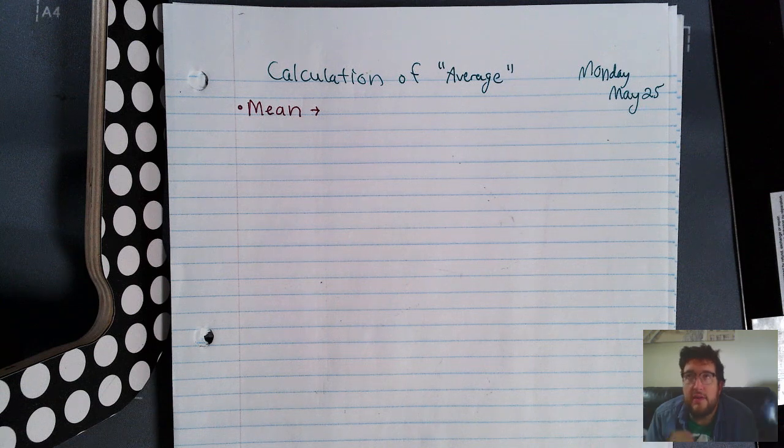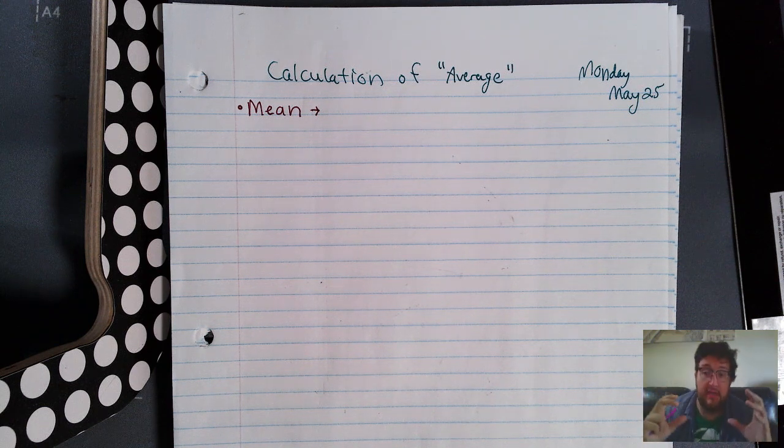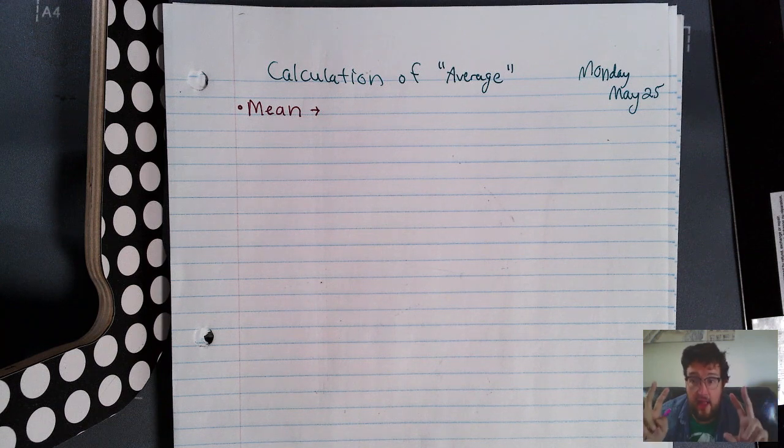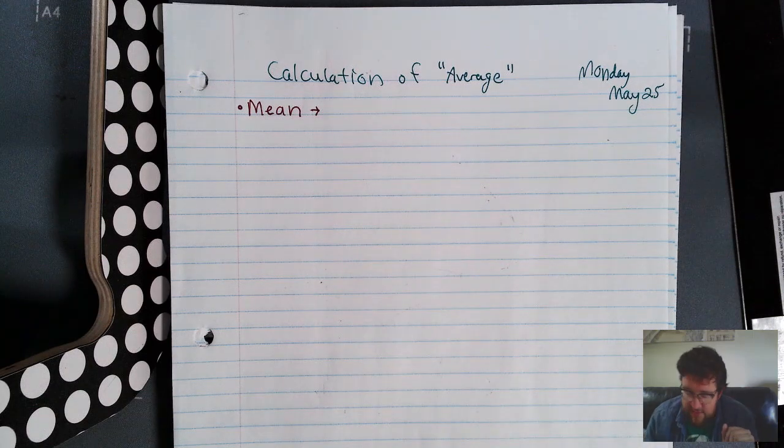So let's take a quick look. Let's pretend that the schools are going to reopen, but only a few of you are going to show up, and we want to calculate the average age in our classroom. So only 5 students come back, and their ages are either 14 or 15, since you're in grade 9.